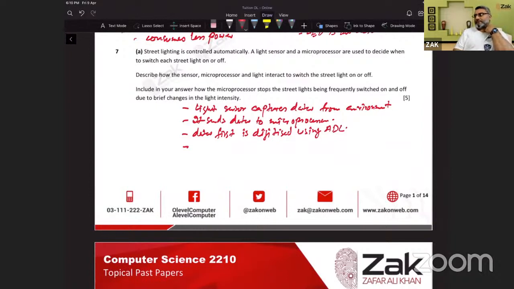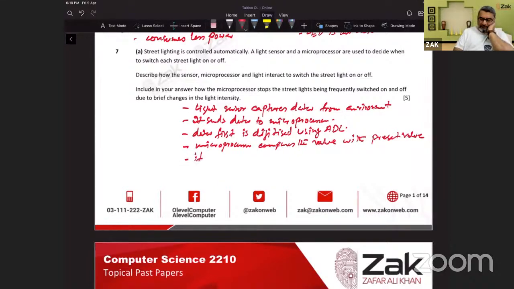Microprocessor compares the value with preset value.